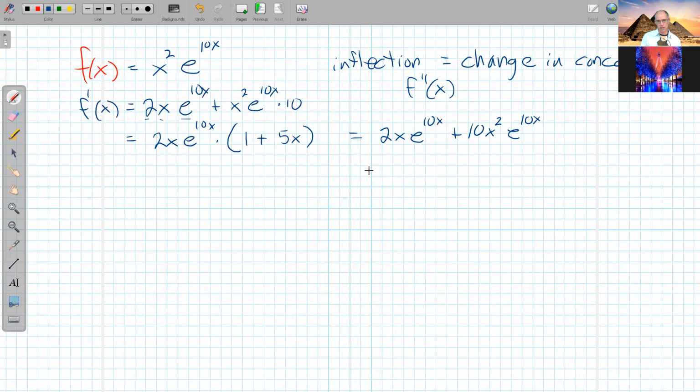We could just factor e to the 10x out, and then we get e to the 10x times 2x plus 10x squared. So we have three different ways we could write it. This is technically the simplest one, but the reason I don't like it so much for the second derivative is we have the product of three functions, so we have to apply the product rule 3 times or twice, which isn't too bad.